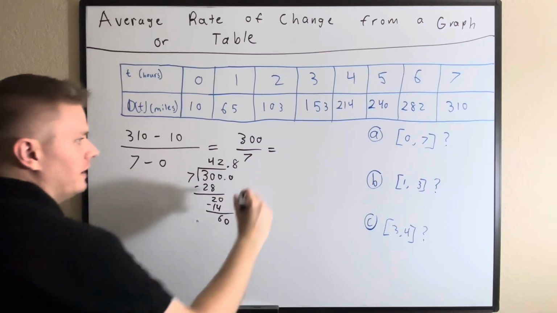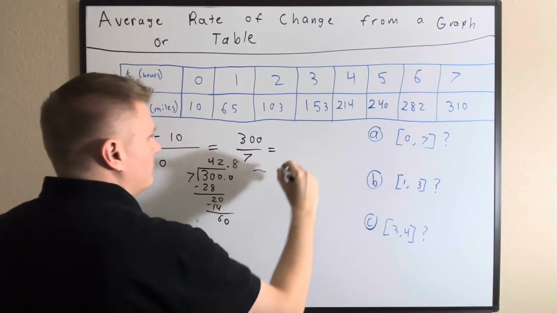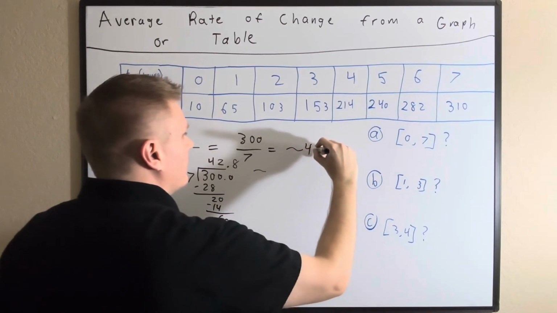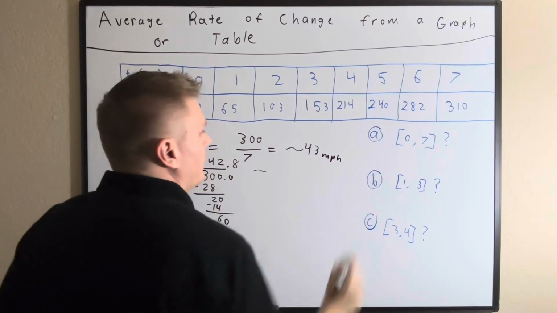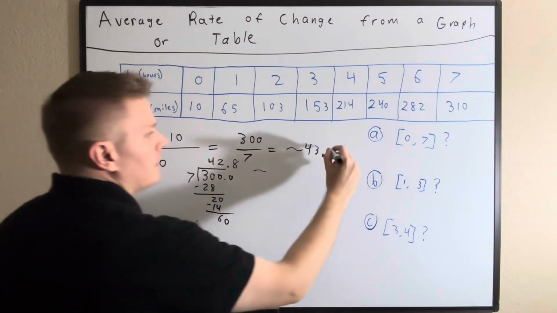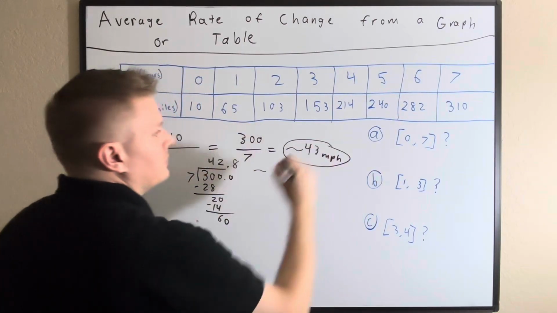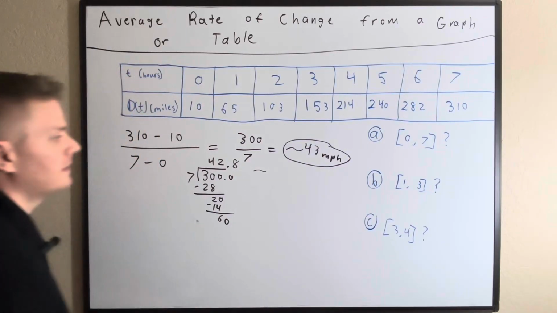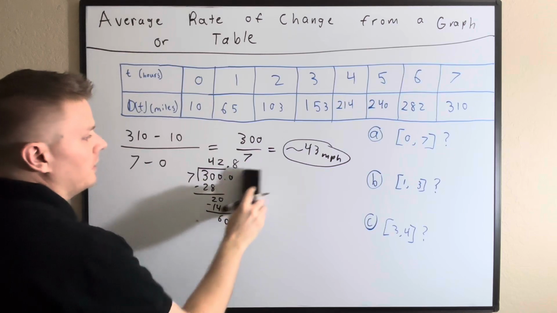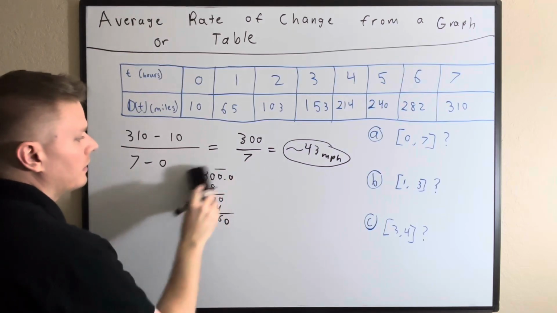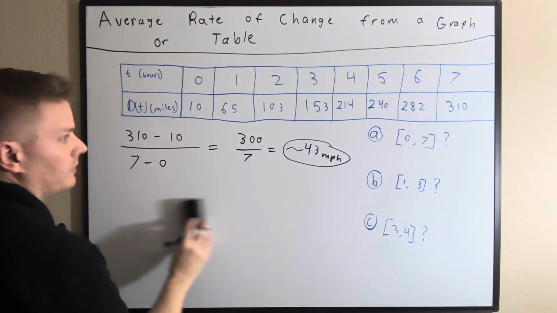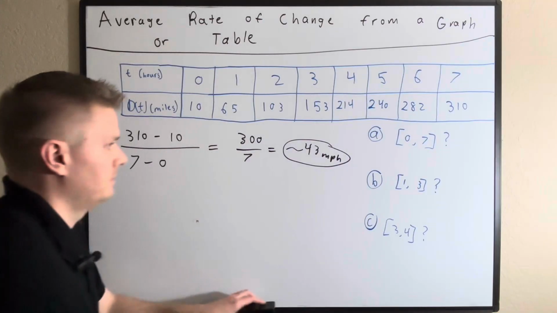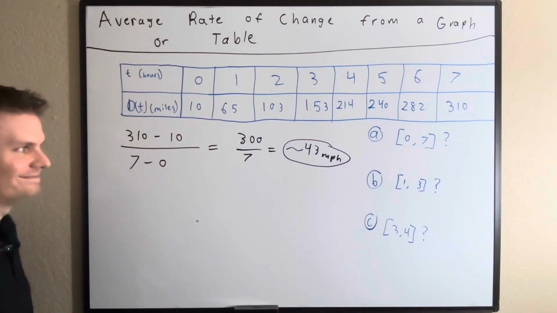We can round up from there, right? So we'll say approximately 43 miles per hour is our answer to part A. That is the average speed that our driver was going for their 7-hour trip once they picked up their friend.